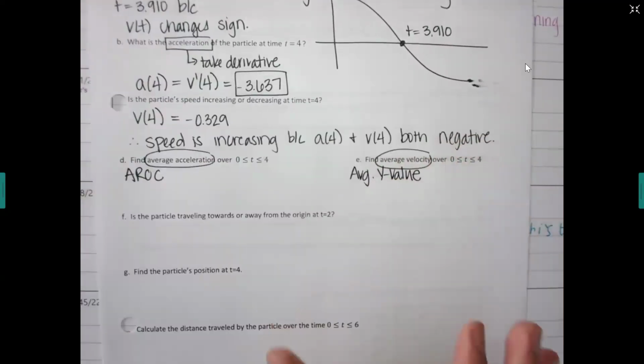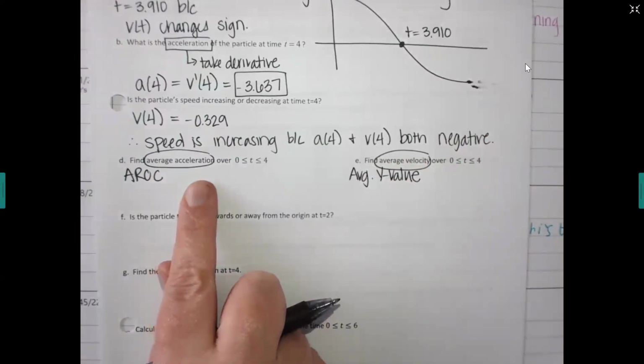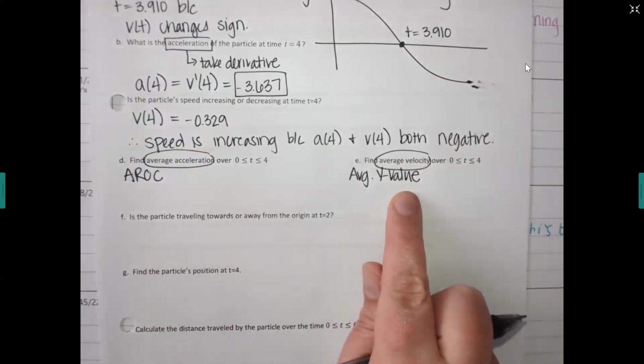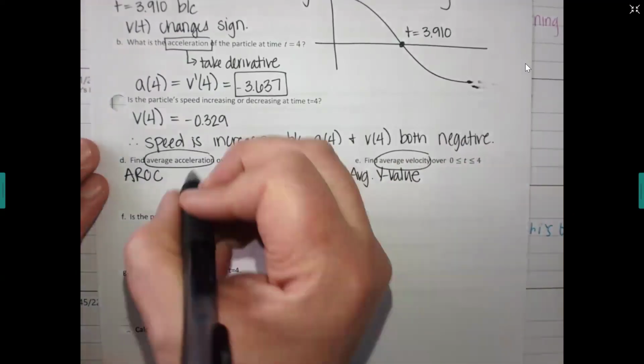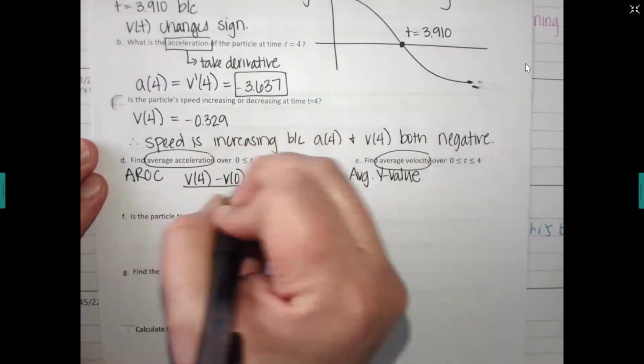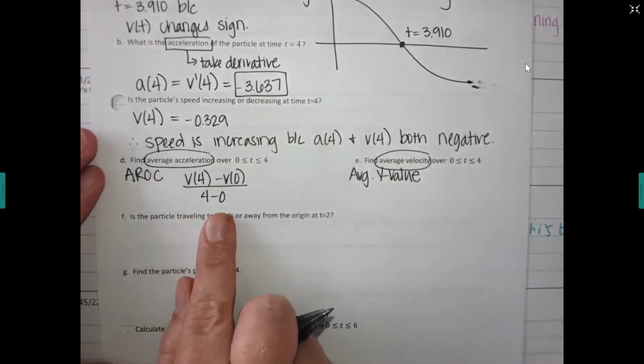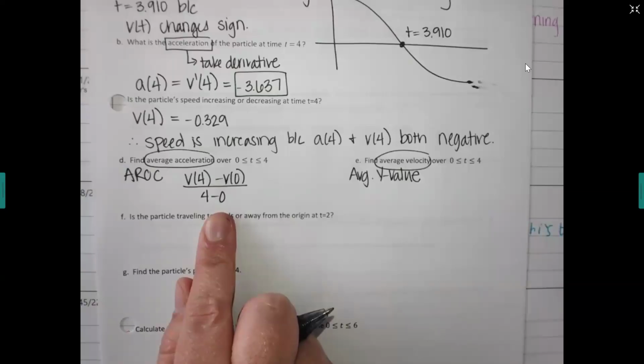Okay, and then you should know the formulas for those. The first one is f of b minus f of a over b minus a. This one is 1 over b minus a integral a to b. So b of 4 minus b of 0 over 4 minus 0. And then we'll do this in the calculator, but just make sure anything you're doing on the calc test with the calculator, you write it down first, then punch it in.